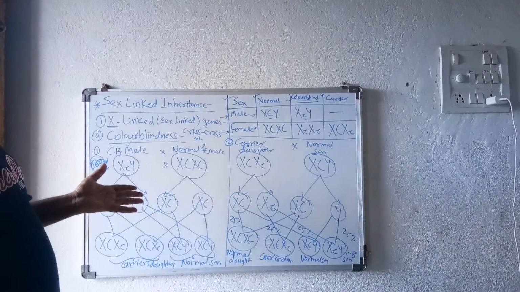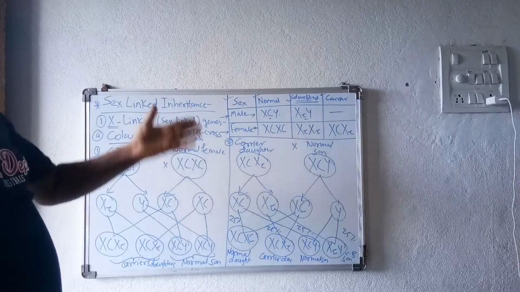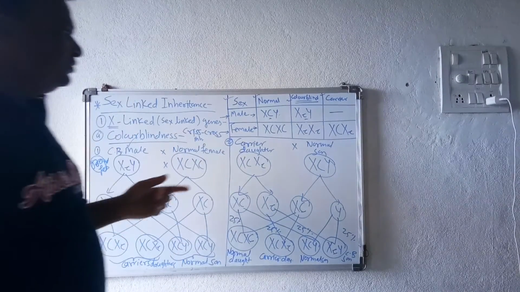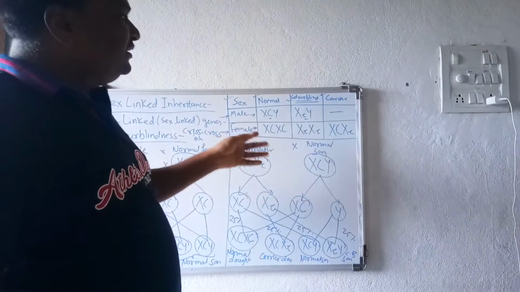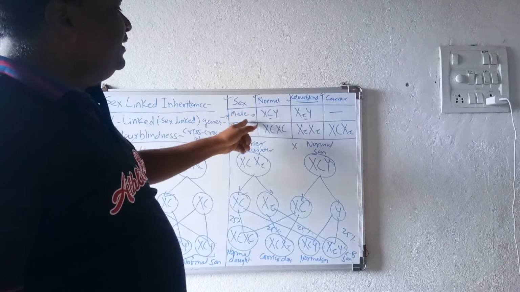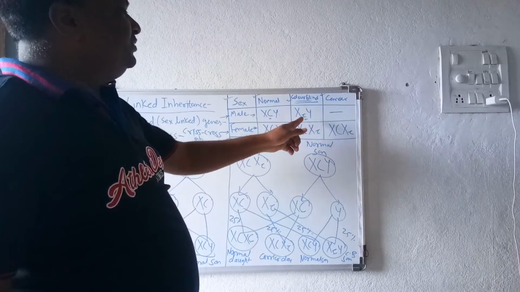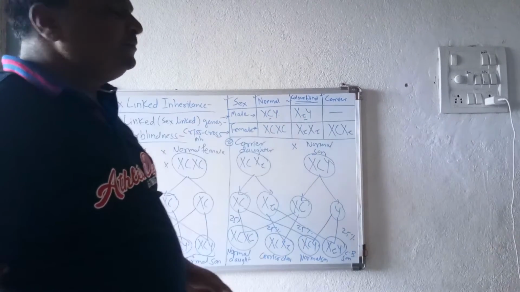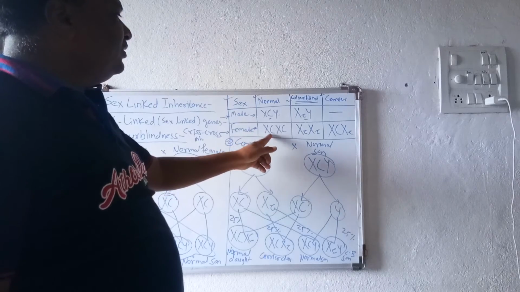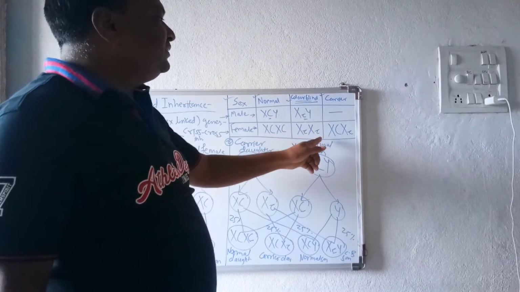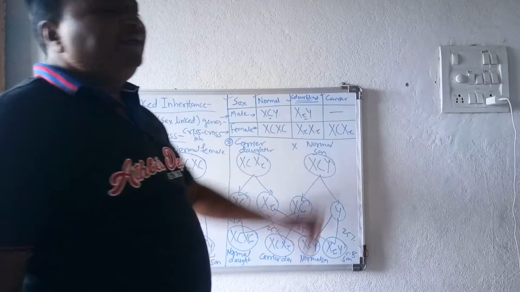And in such sex-linked inheritance, color blindness is seen on the X chromosome. So we first discussed this chart with the normal male, that is capital X, capital C, Y. Then the color blind male, where the recessive gene is present, capital X, small c, capital Y. Then for the female, normal has both dominant alleles, color blind has both recessive alleles, and one dominant and one recessive will be the carrier.